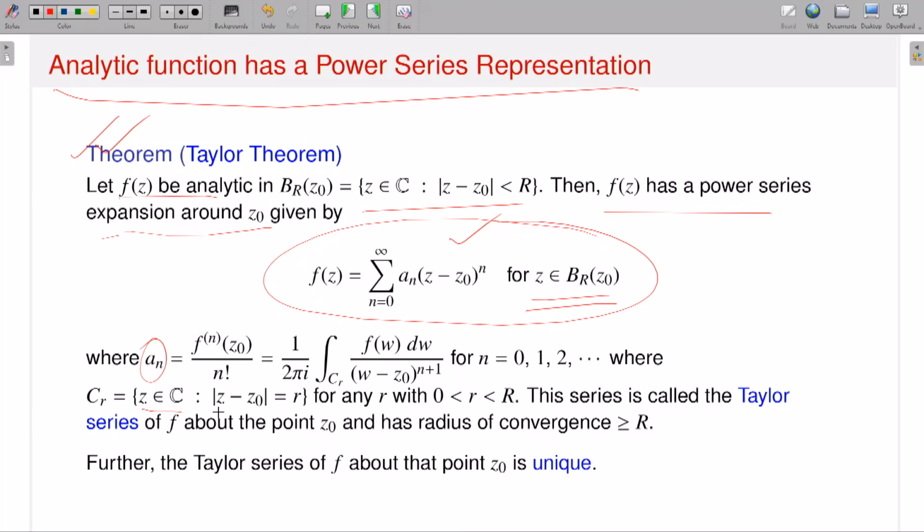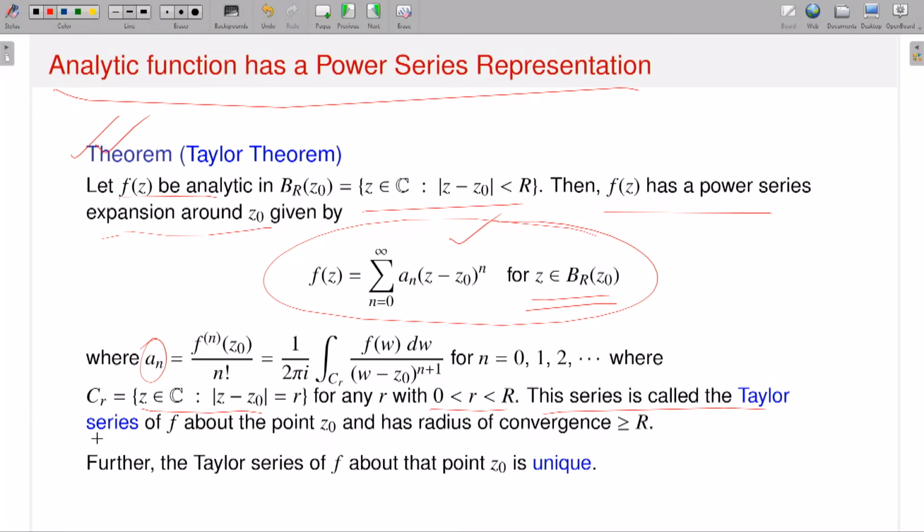What is C_r? C_r is the circle of center z0 and radius r smaller than R, but we should be careful that r should be strictly less than R. That means the circle of center z0 and radius r should be fully contained in my domain B_R(z0). This series is called the Taylor series of f around the point z0.